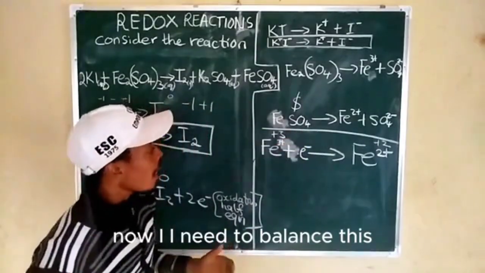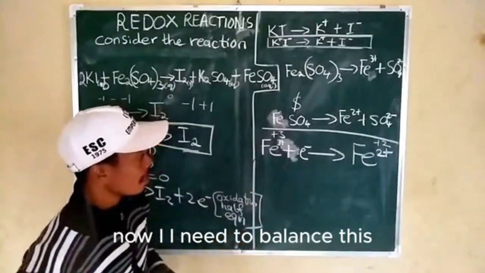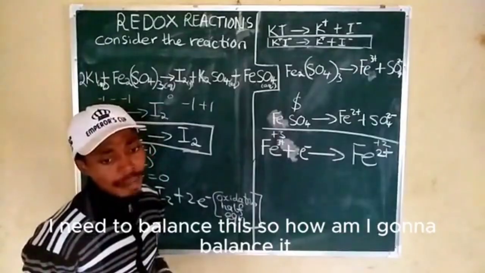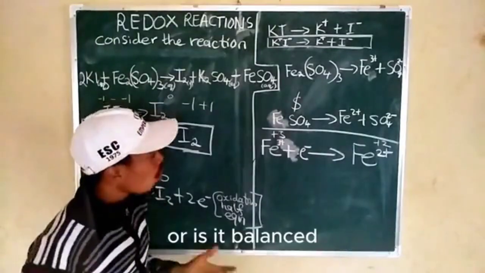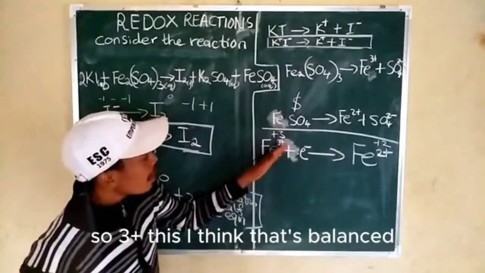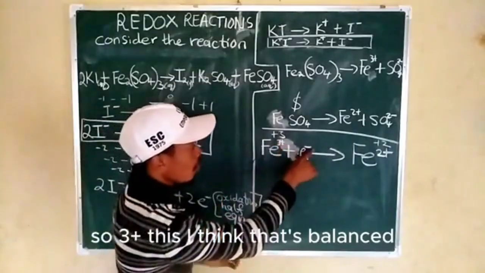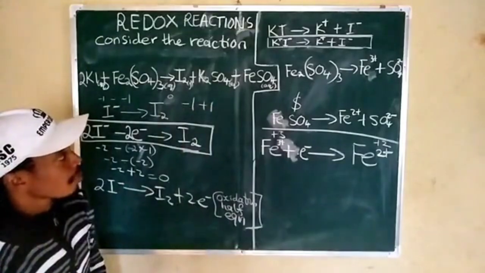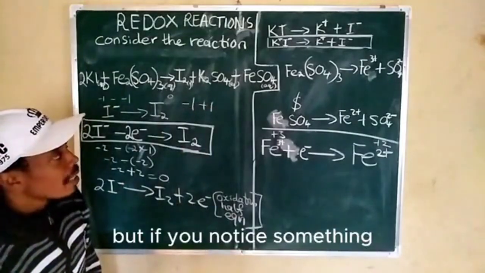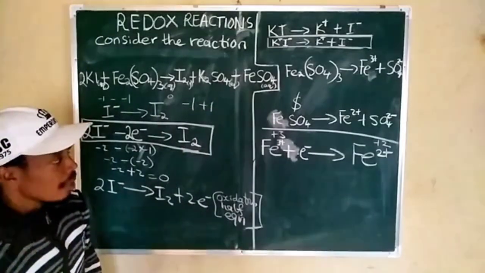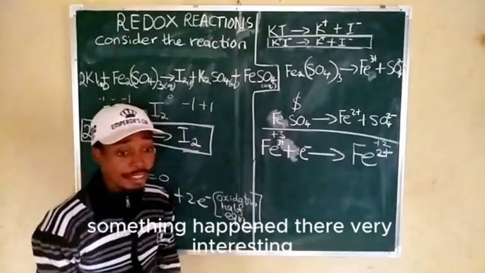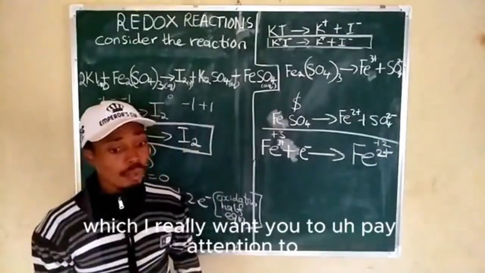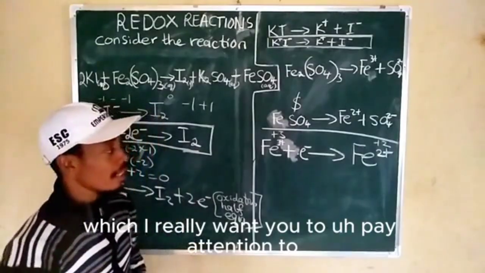Now I need to balance this. So how am I going to balance it? Or is it balanced? I think that's balanced. But if you notice, something very interesting happened there, which I really want you to pay attention to.